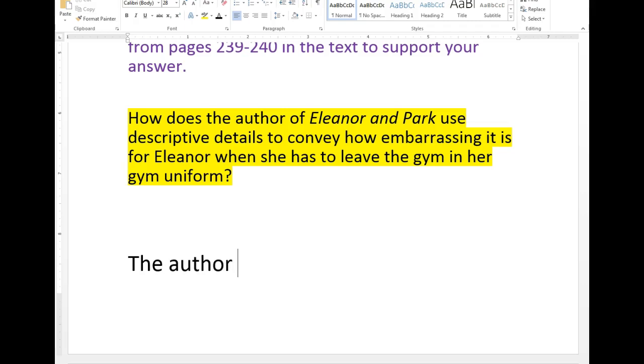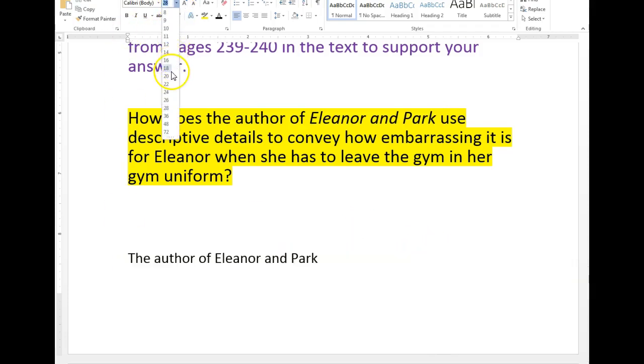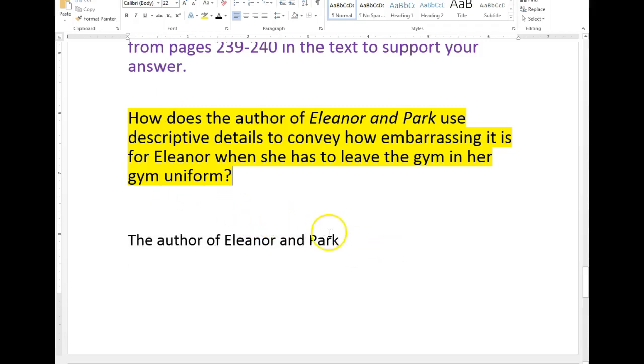The author of Eleanor and Park. See how I got that right out of the question? I'm going to make this a little bit smaller so we can all see it. The author of Eleanor and Park, just to be clear, I'm answering here. The author of Eleanor and Park uses, what does the question say? The question says descriptive details.